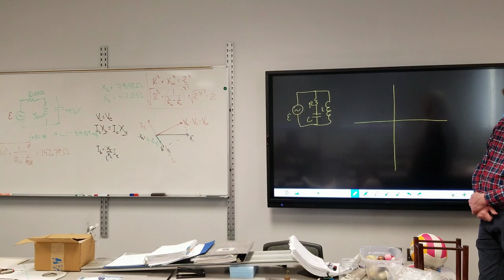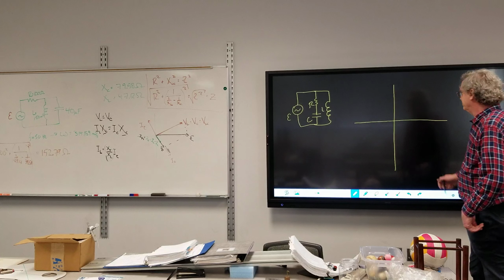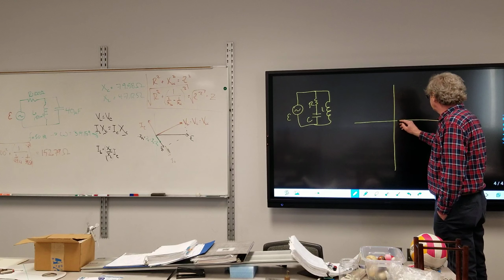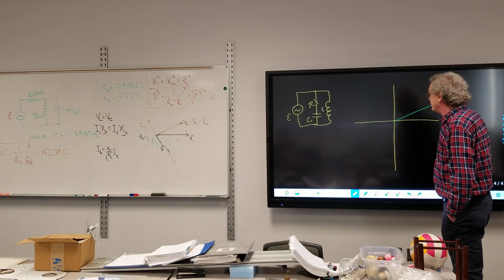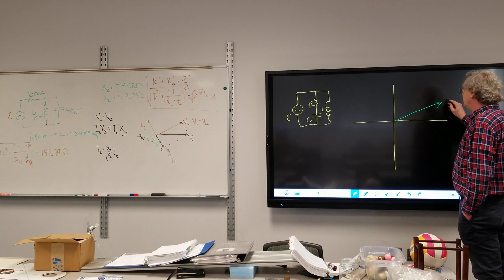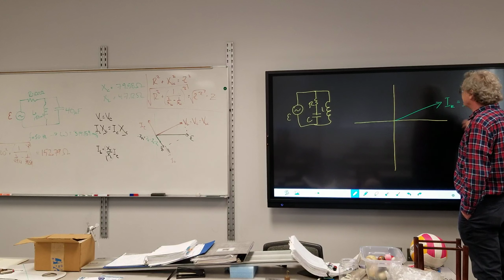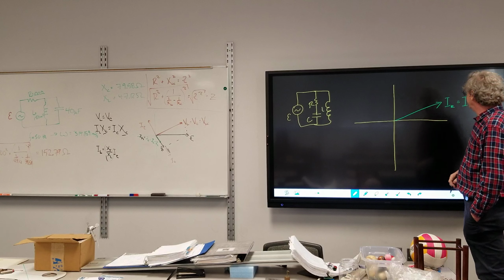Well, I guess we would have to do the series of RC. All right, so they're in series, what's gonna be the same for them? The current, yes. So we'll start out with the current, in my traditional 30-ish degree angle. So this is IR equals IC equals IRC if you want, but there's two of them.